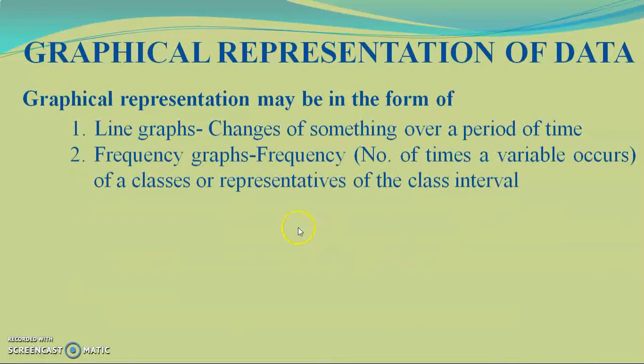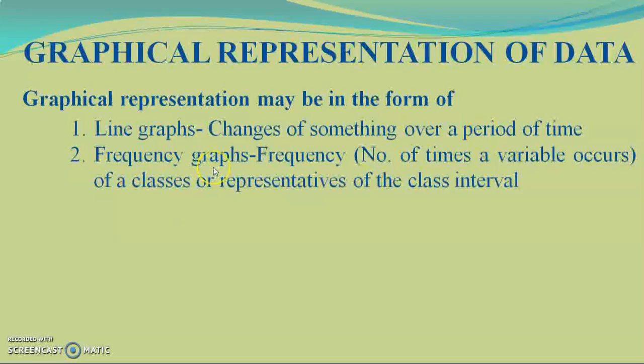What is meant by line graph? Line graphs are used to represent the changes of something over a period of time. That may be the lifespan or the yield of a crop or anything that occurs in varying time periods.